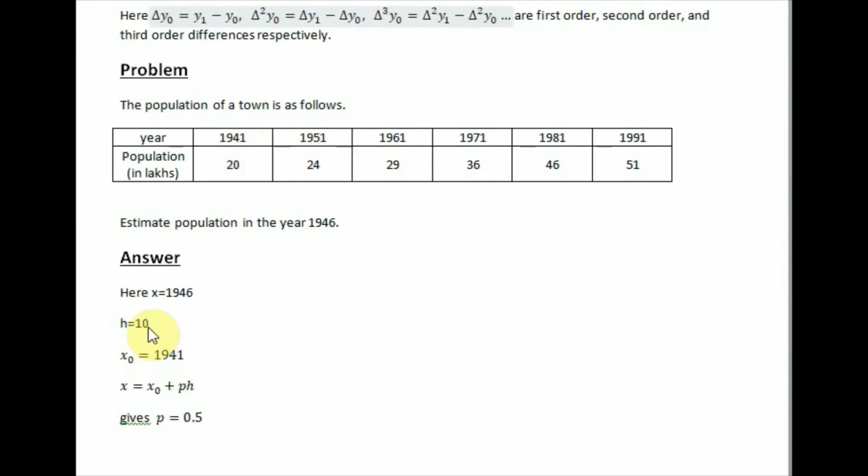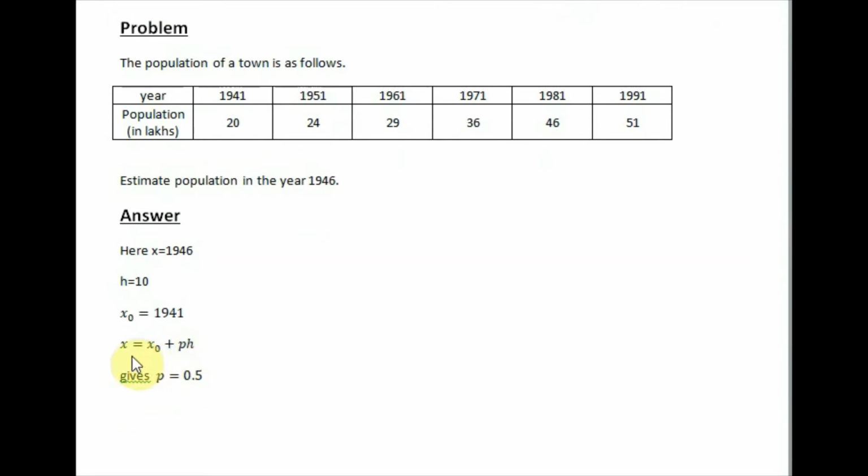So we have h equal to 10. x0 is 1941, the initial x value. Then we have x equal to x0 plus ph. From here we find p by substituting x equal to 1946, x0 equal to 1941 and h equal to 10. We get p equal to 0.5.